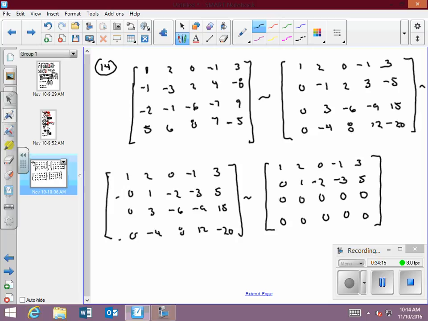So now what we do, all they're asking us for, 14, is find a basis for the subspace spanned by the given vectors.